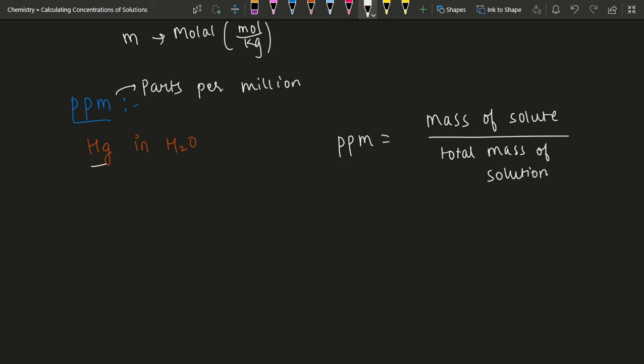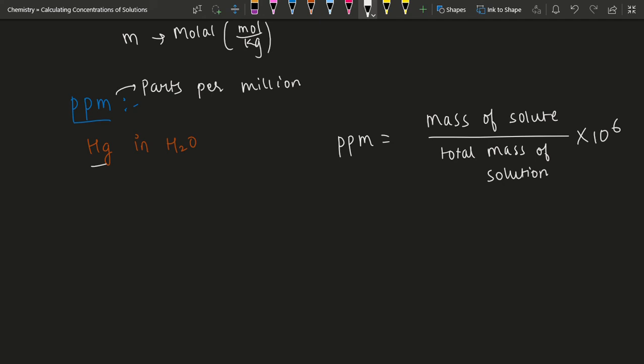And since we are taking it per million, instead of multiplying by 100 as you do for percent, you multiply it by a million, 10 to the power 6. That's what the million is.